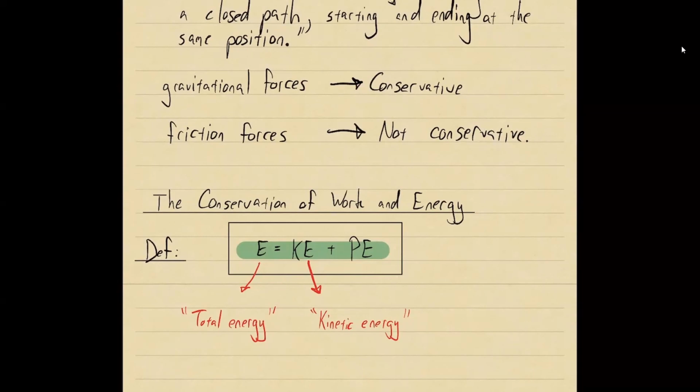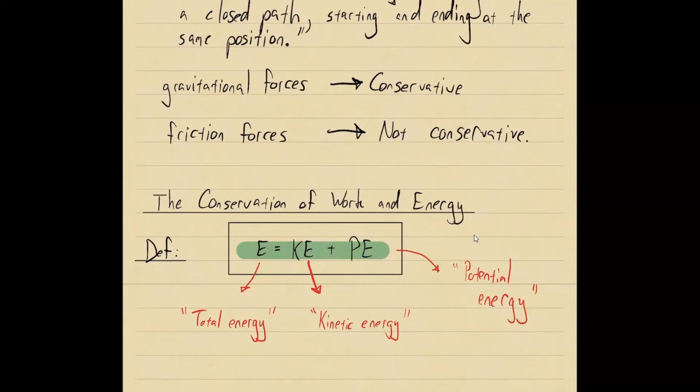Last but not least, the potential energy, PE, is most often attributed to the setup of our object. In the case of gravitational potential energy, it's the relationship of our object with respect to the nearest gravitational object, which in this case is the Earth.